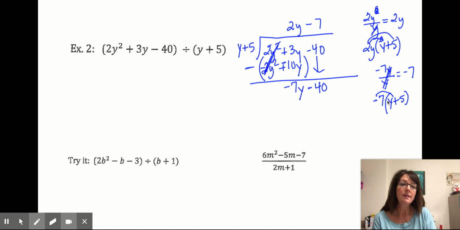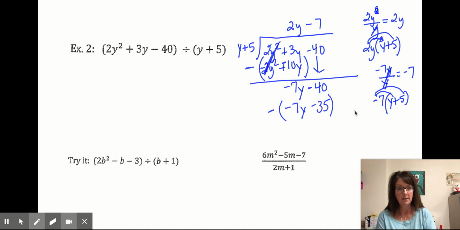So -7 times y gives us -7y. -7 times 5 is -35. But we are subtracting according to the algorithm. So that means that this will become positive and this will become positive. Now we're going to take that sum. -40 plus 35 is going to become a -5. This -7y plus 7y cancels.